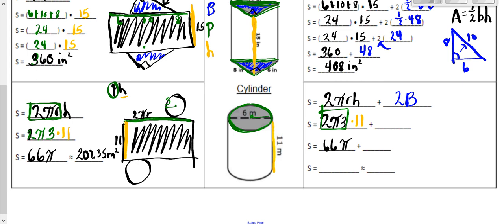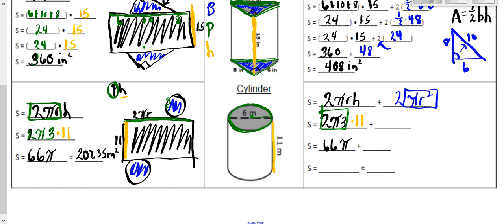So in my cylinder formula, though, they actually tell me what that is. So I want 2 pi r squared. So I'm actually taking pi r squared, the area of my circle, and multiplying that by 2.